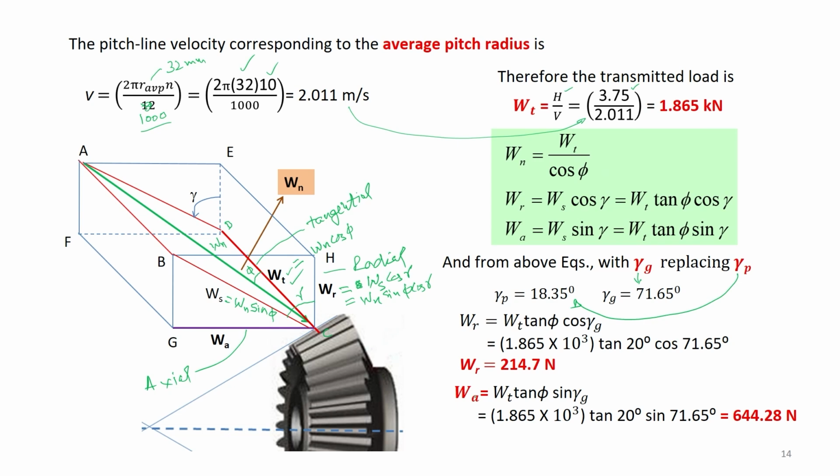Similarly, for the axial load, after substituting the value of Wt obtained here, phi as 20 degrees given in our problem, and gamma g, we get Wa as 644.28 Newton.